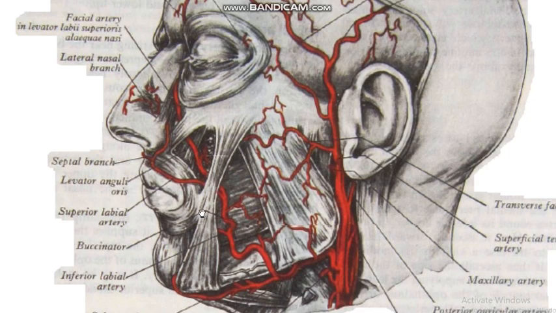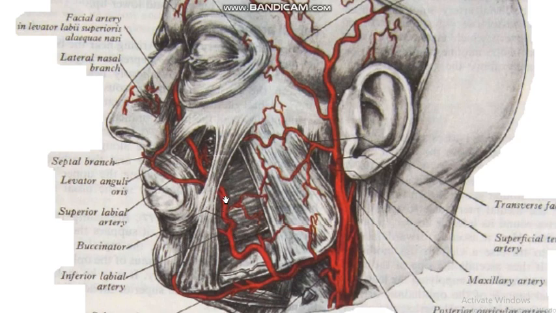And of the important named branches, you come across this inferior labial artery. So you can make out the muscle here going to this fibromuscular node at the corner of the oral fissure. This is called the modiolus, and under the depressor anguli oris you can see the inferior labial branch. Inferior labial branch of the facial artery is going deep into the lower lip, and in the lower lip it actually lies between the mucous membrane and the muscle bulk of the orbicularis oris.